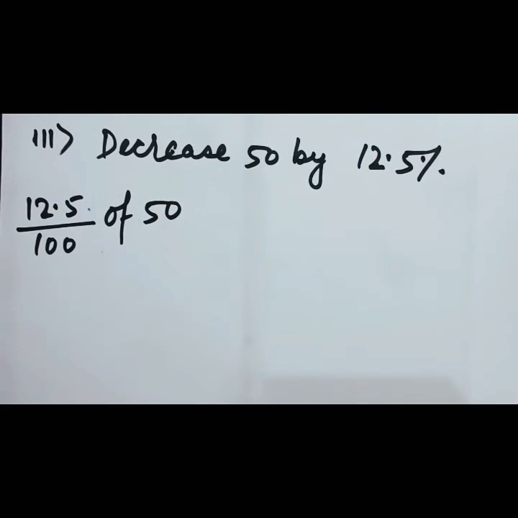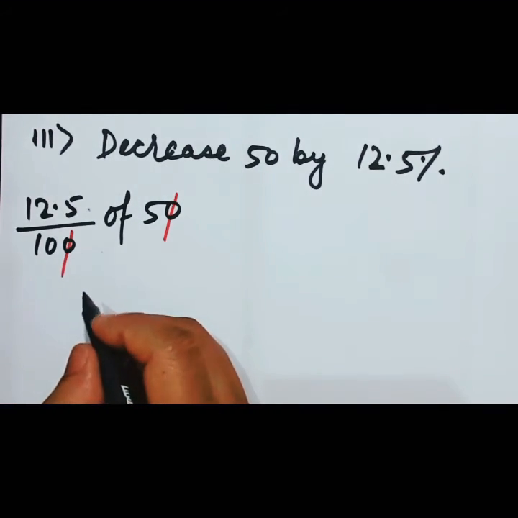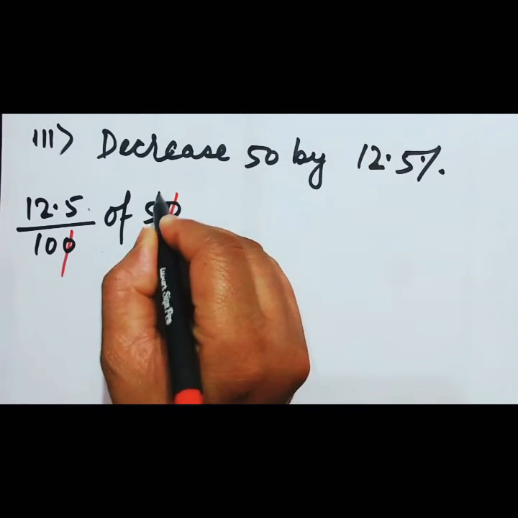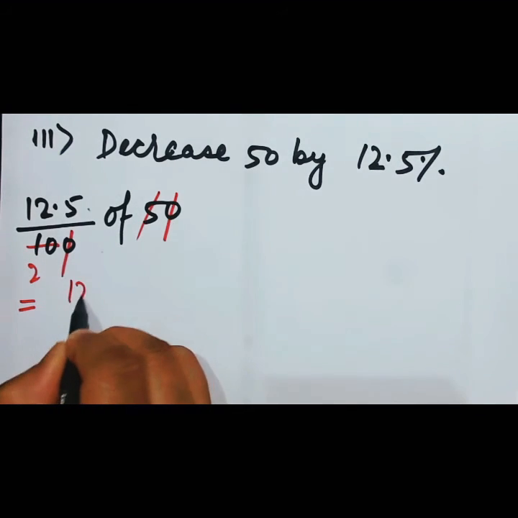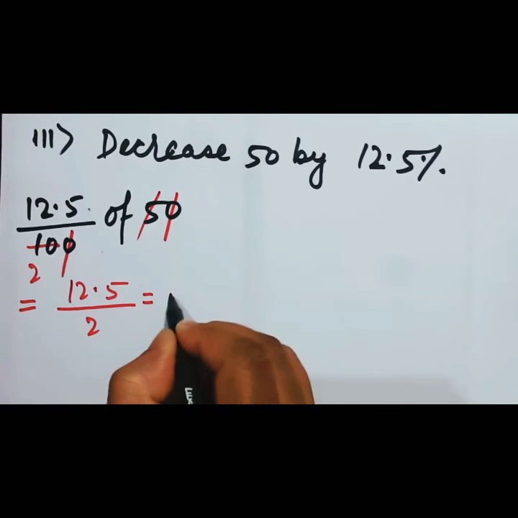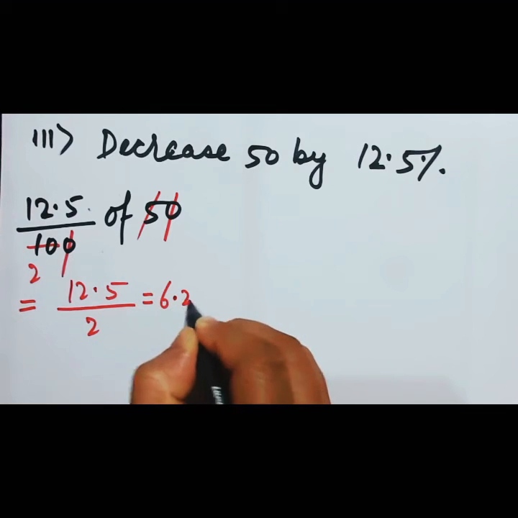Let us solve it. By cancelling, 5 twos are 10, so I'll get 12.5 divided by 2, which will be equal to 6.25.